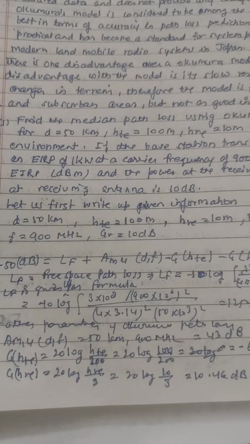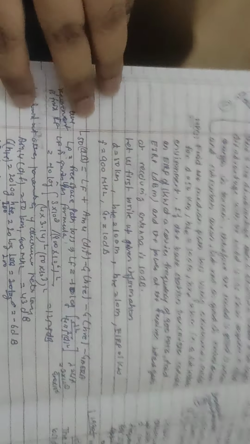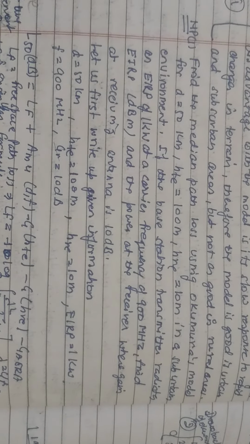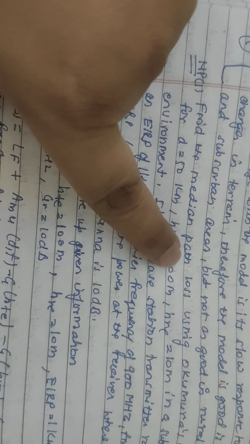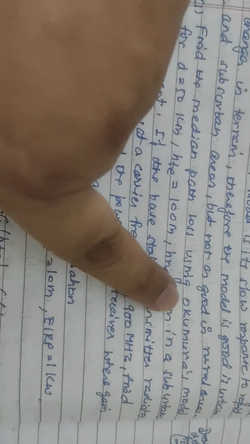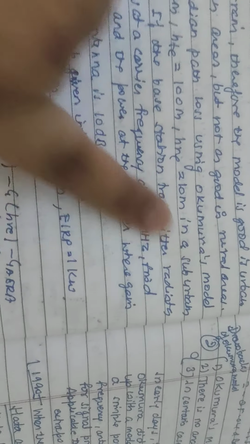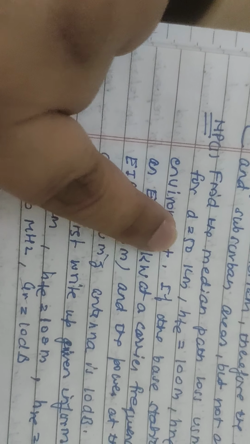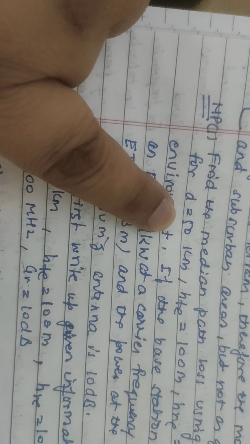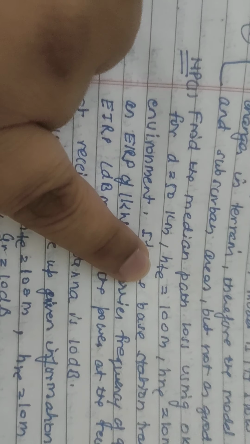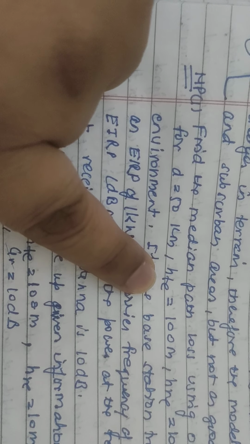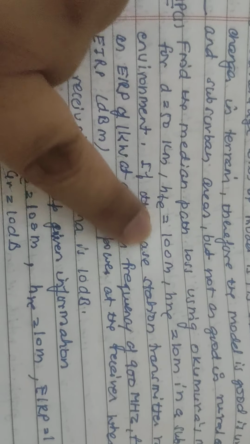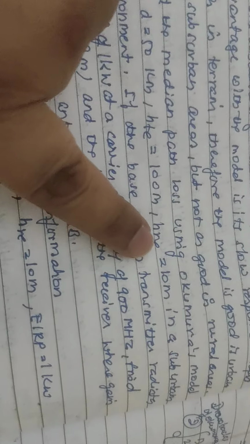Find the median path loss using Okumura model for the distance of 50 kilometer and height of the base station h_te is 100 meter.